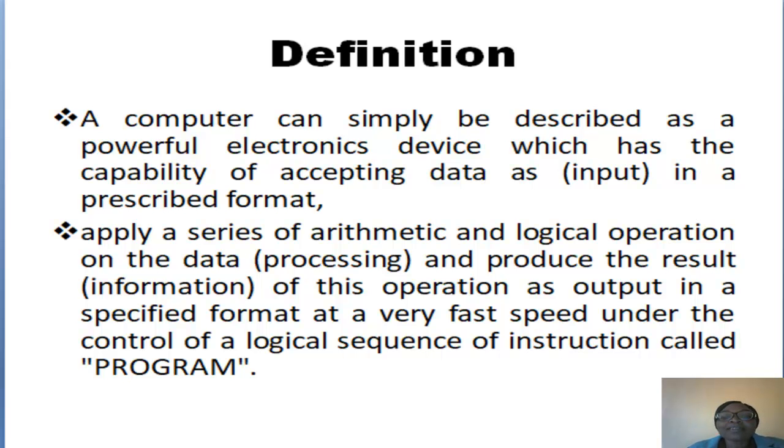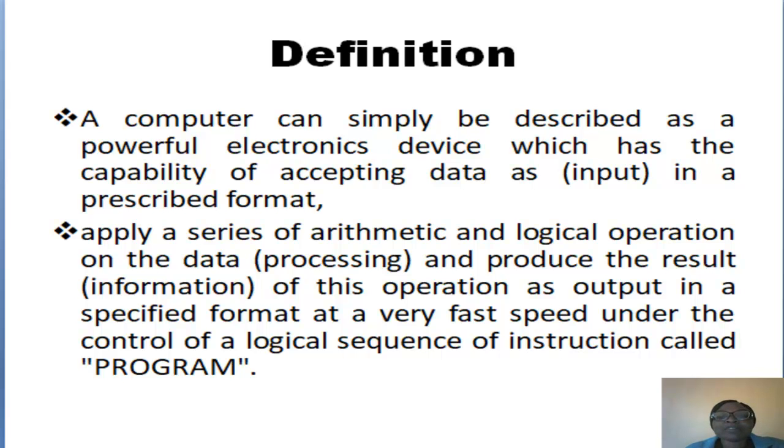You apply a series of arithmetic and logical operations on the data, which is known as the processing, and produce the result, which is known as the information. So you also call information the output. The output will be in a specified format.